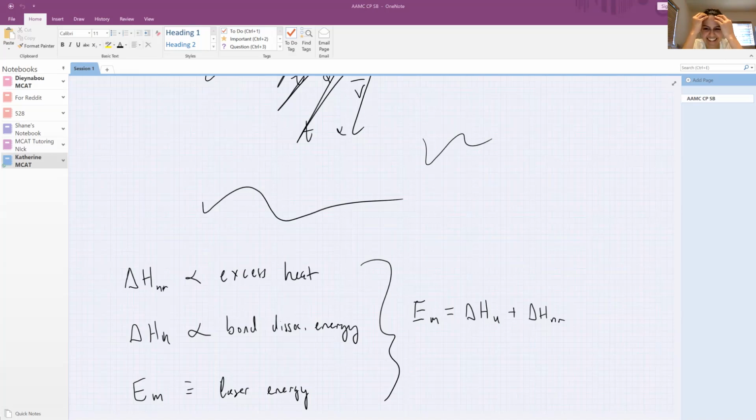Then D is useful on samples in the solid phase only. No, because of the part that says the solute molecules.